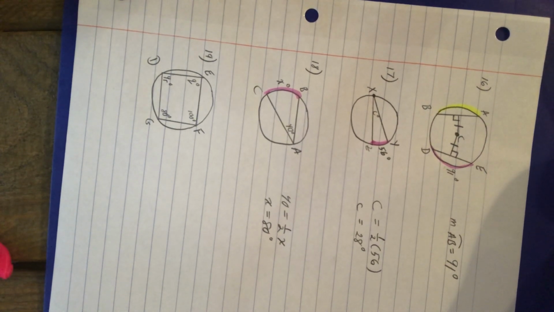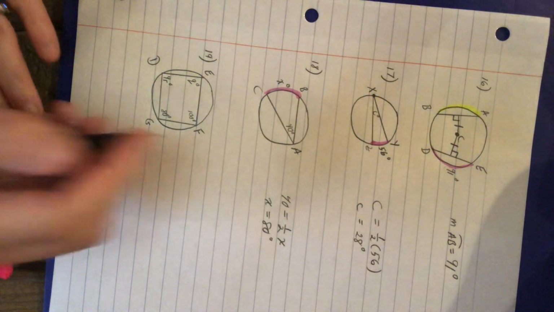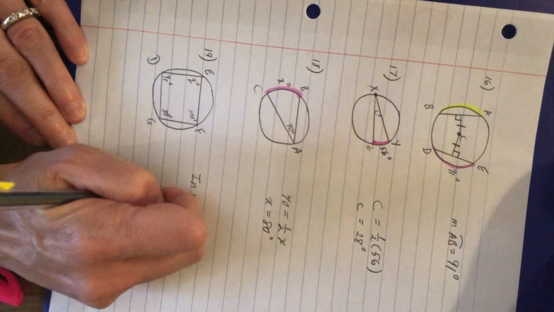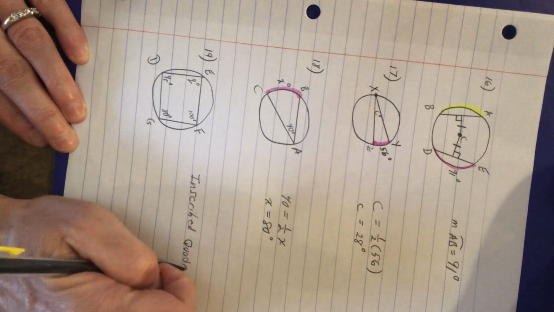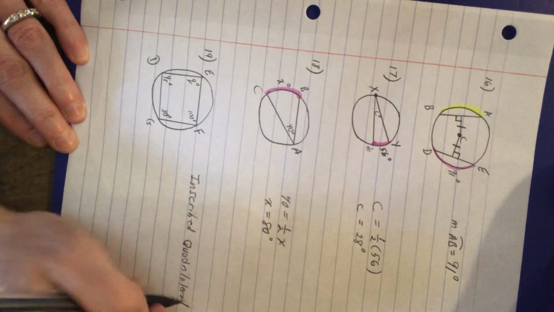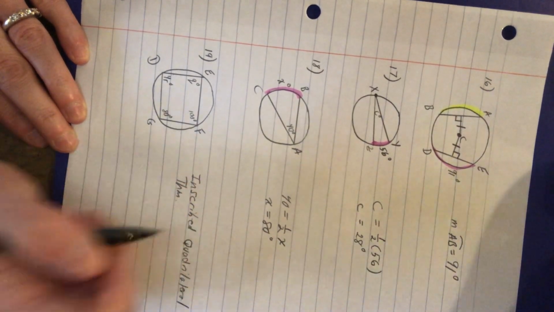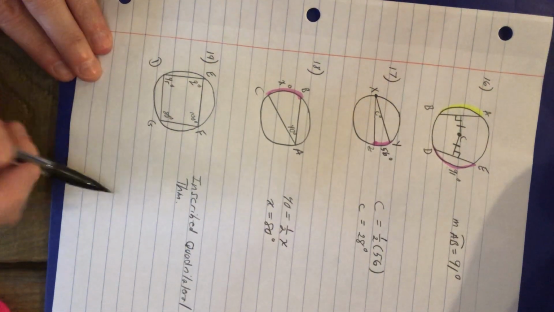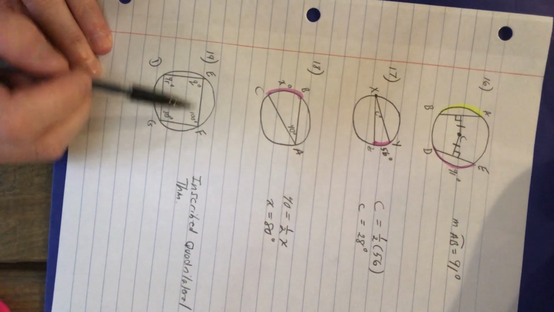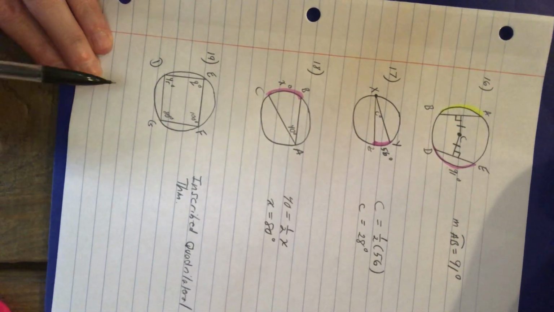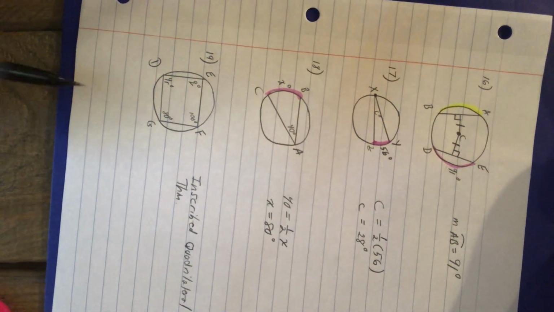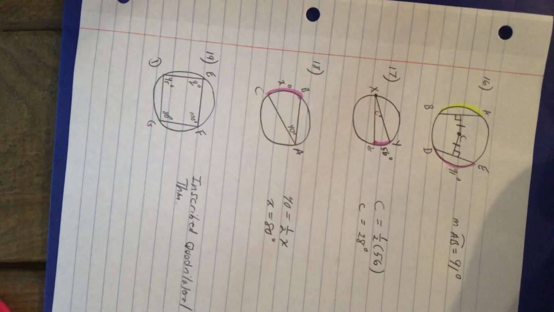Now, if we look at 19, we want to look at the inscribed quadrilateral theorem. This theorem states that if a quadrilateral is inscribed, meaning inside a circle where its vertices are on the circle, then its opposite angles are supplementary.